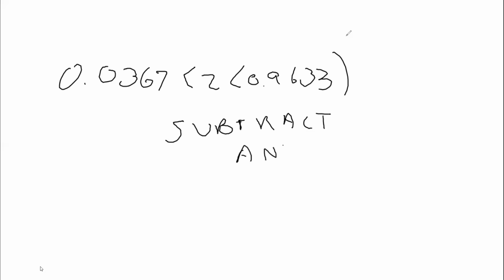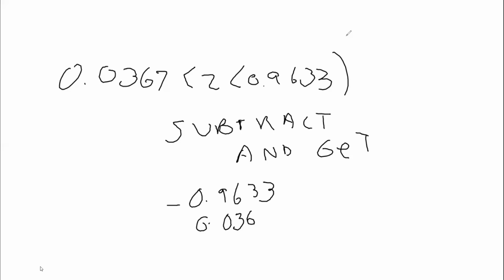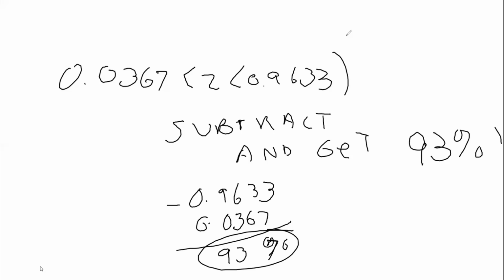It's 0.9633 minus 0.0367, and you get 93%. Okay, when you subtract these, you get 0.93, so it's 93%. So 93% chance for part C that you will get a person of the height in your sample as between 69 and 71 inches.